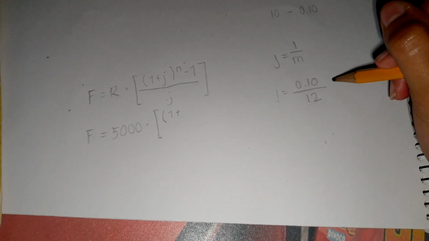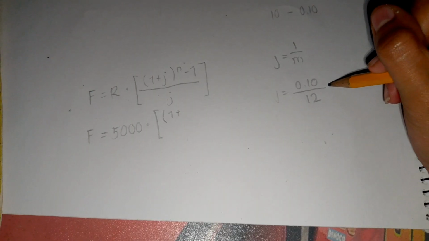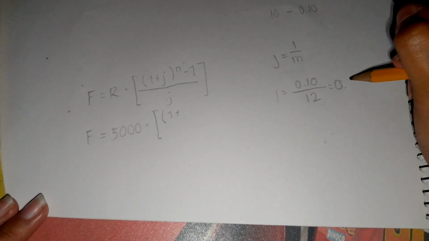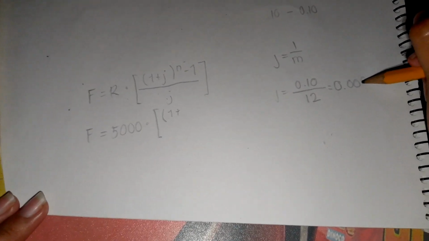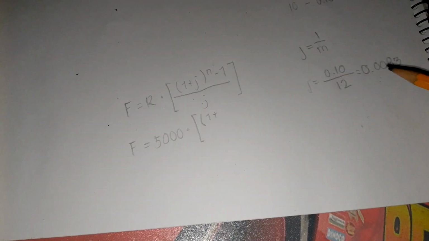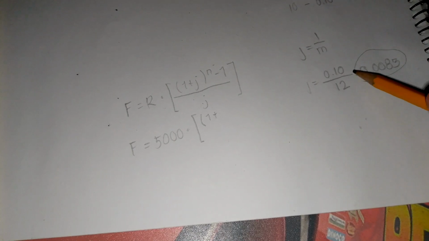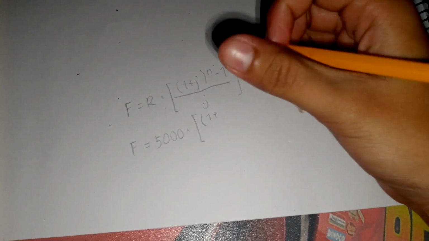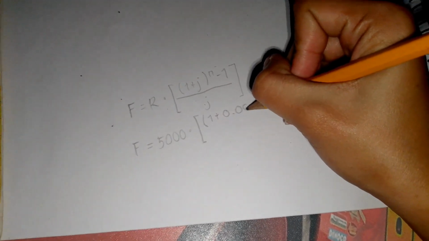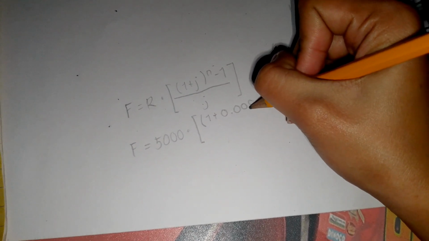So, 0.10 over 12 is equal to 0.0083. Since nakuha na natin yung sagot ng letter J, papalitan na natin yung letter J ng 0.0083.